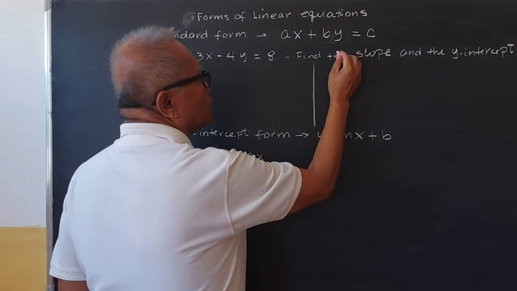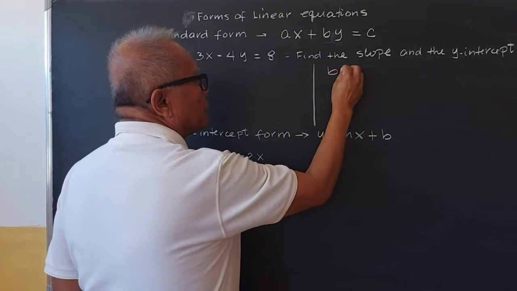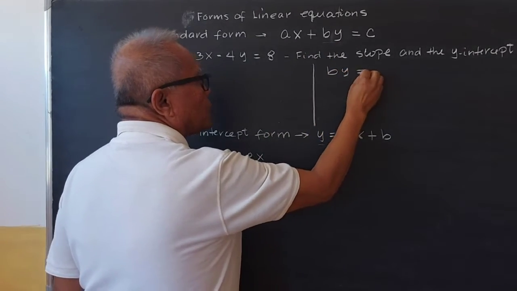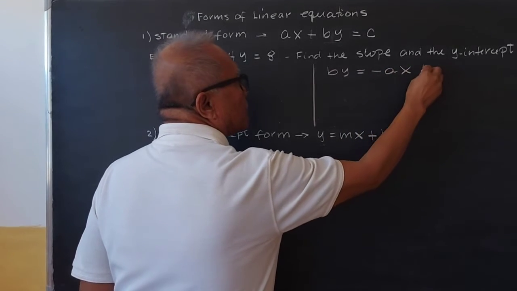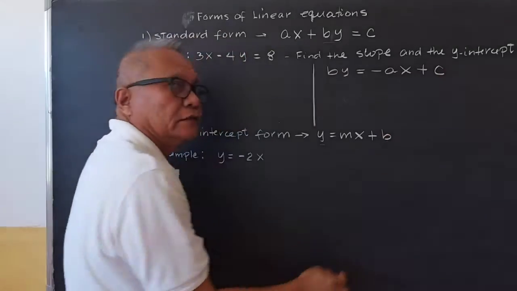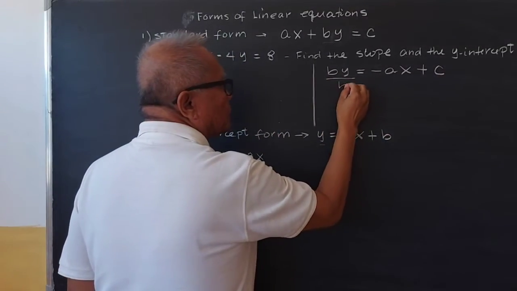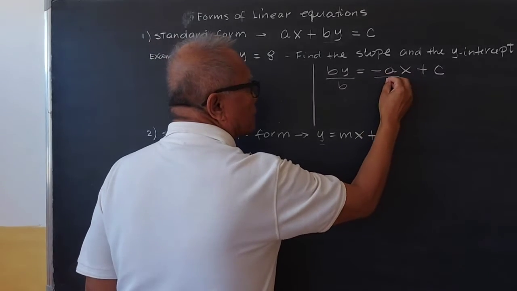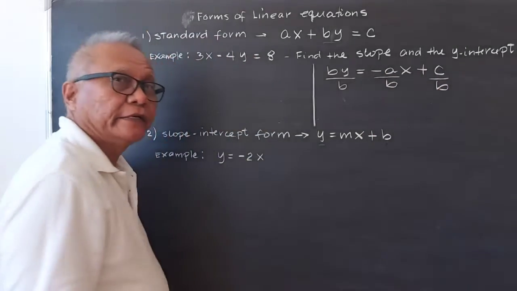So we leave by here because that is positive already. So we have by is equal to negative ax plus c. And then we solve for y. We remove the b: we divide this by b, divide this by b, and divide this by b.